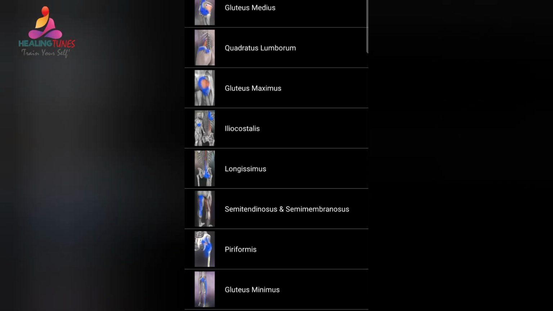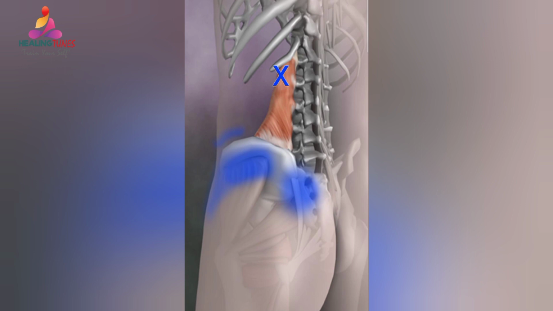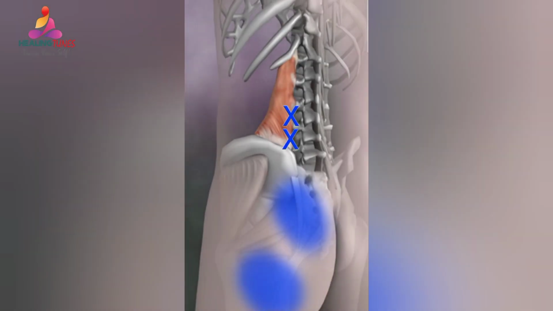Next is the quadratus lumborum. The uppermost trigger points refer pain into the SI joint and lateral hip. The most inferior points refer to the buttock. The middle trigger points refer over the SI joint.